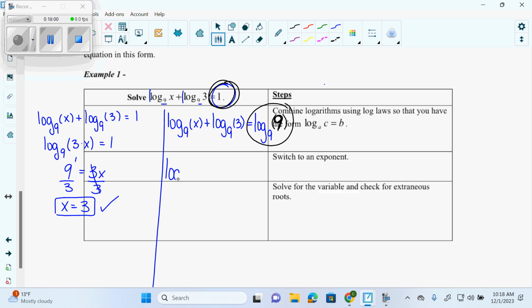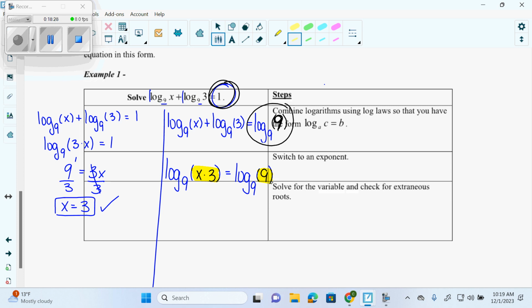So I do log base 9 of x times 3, because those are being added. And then I get equals log base 9 of 9. Now if this is true, then this has to equal this, does it not?